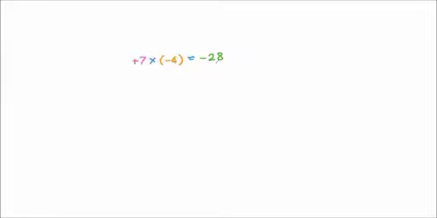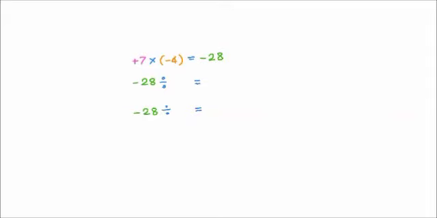Now this is going to result in two division statements. So the first division statement is -28 divided by, and here I'm going to write one of the multipliers.